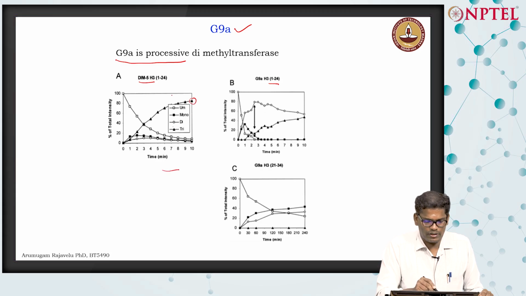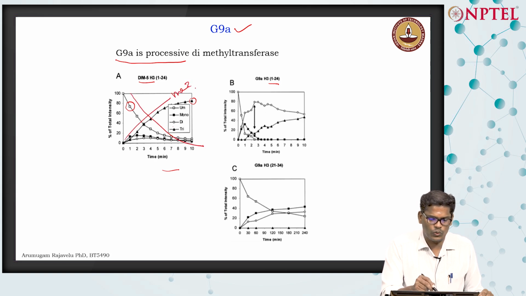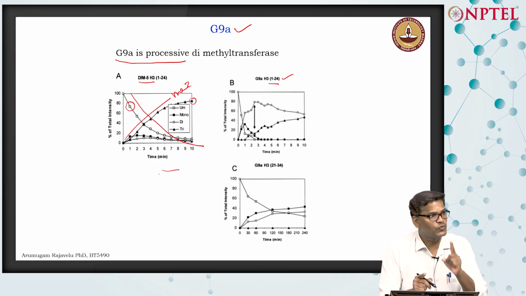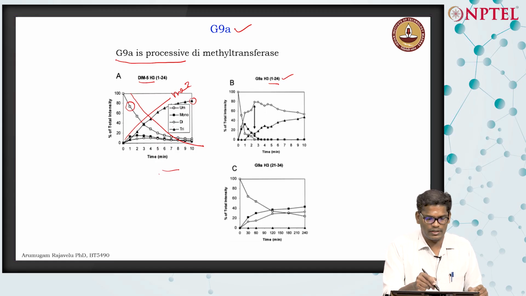Over time, the unmethylated peptide level comes down and the trimethylated Me3 mark goes up when they use SUV39H1. Here they showed only that, and the same is true with the other enzyme.